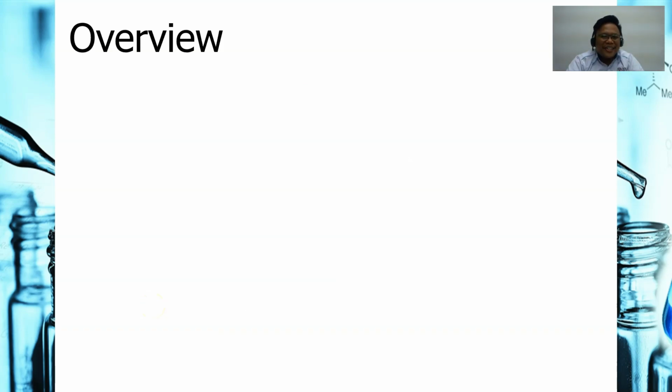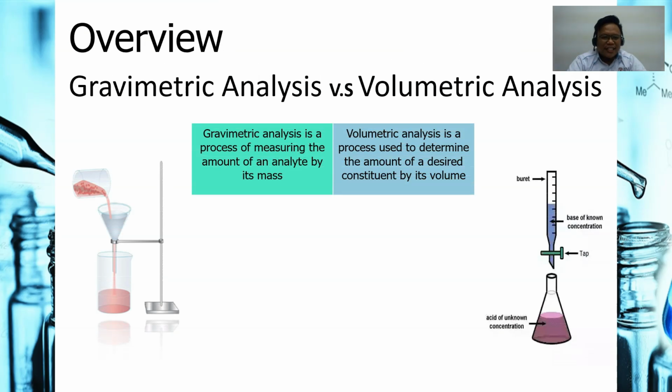Now we move to a simple introduction about GA, gravimetric analysis, and VA, volumetric analysis. GA is a process of measuring the amount of analyte through its mass. Based on the picture given, it involves a separation process to separate the residue, which is the product, from its sample solution through the filtration process.